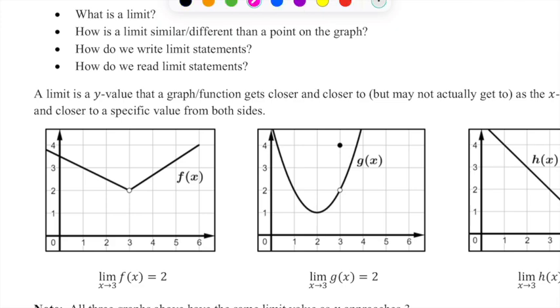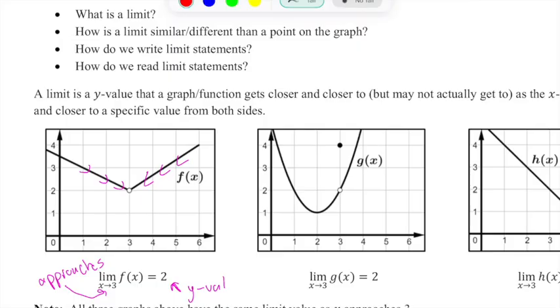So as we get closer and closer to 3 from the left side and closer to 3 from the right side, what y value are we approaching? In this case, it is 2. So just to make a note, this is the y value, and x equals 3 as we approach it from both sides.